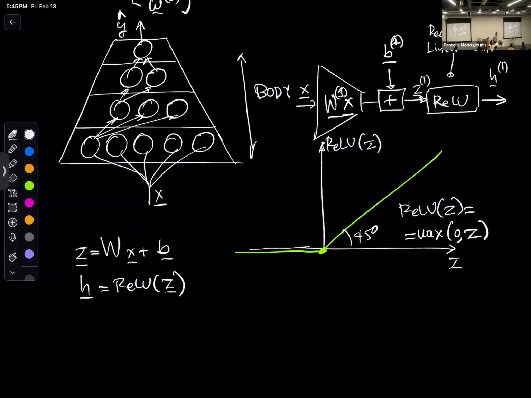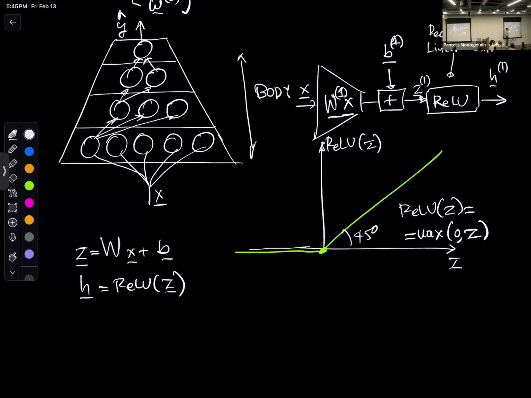And if my W is W1, they will all be decorated with 1, and the output will be H1. This H1 now will become the input to the second layer instead of X to produce H2. H2 will go to the third layer instead of H1 to produce H3. All the way up to the point where I'm sick and tired of feature generation and I want to terminate everything.